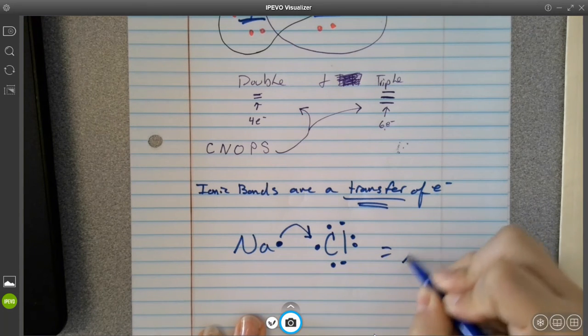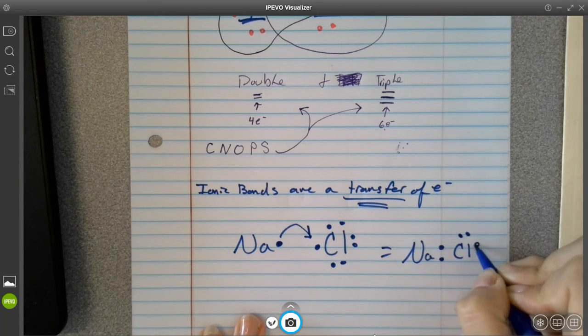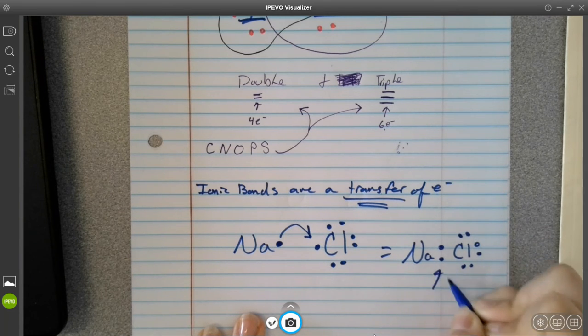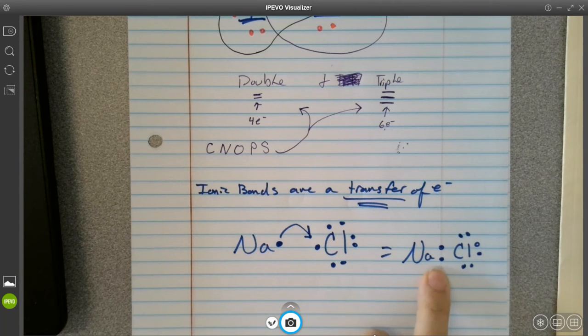So that'll give me NaCl, and this right here, that's my bond. That's why ionic compounds are so close, is because their bond is through a transfer. You're simply giving it to another.